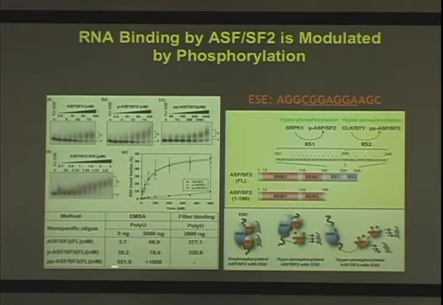The RNA binding domain doesn't really bind RNA very strongly. What it really requires is the RS domain. We did more experiments to really prove the point that the RS domain does something, either directly or indirectly, to enhance the affinity of RNA for the RNA binding domain.